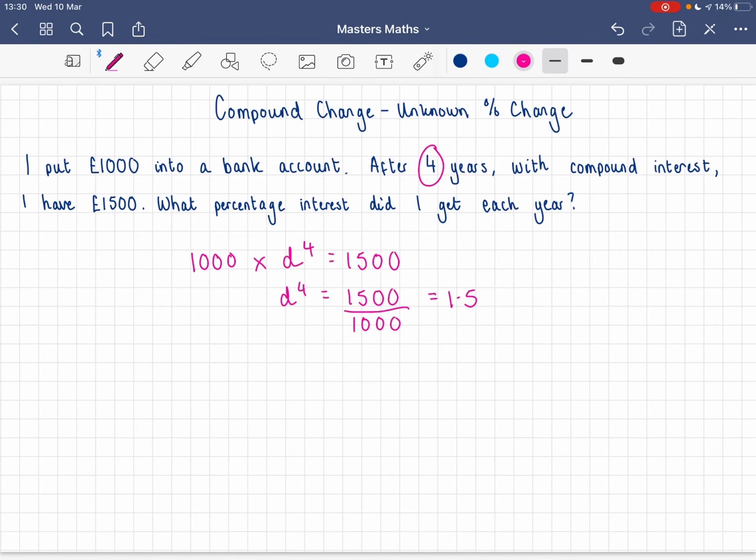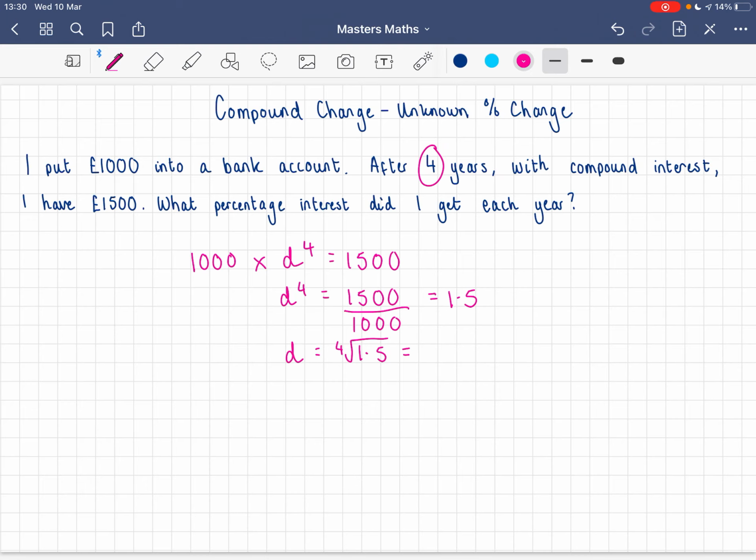We need to do the reverse of the power of 4, which is using the fourth root of 1.5. Let me grab my calculator to do this. Depending on your calculator, it's usually shift and then whatever your power button is, so x with the little box. You press that and that gives you the option to change the root.